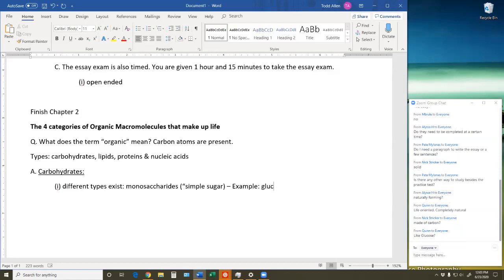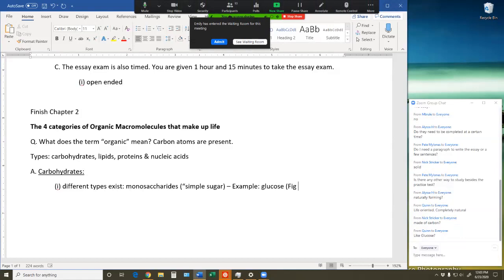So if you've had a piece of candy today, certainly it had some glucose in it. You can see the chemical structure for glucose on figure 2.14 and figure 2.15, depending on what you want to look at. So I'll put that into your notes here, figure 2.15 and figure 2.14.